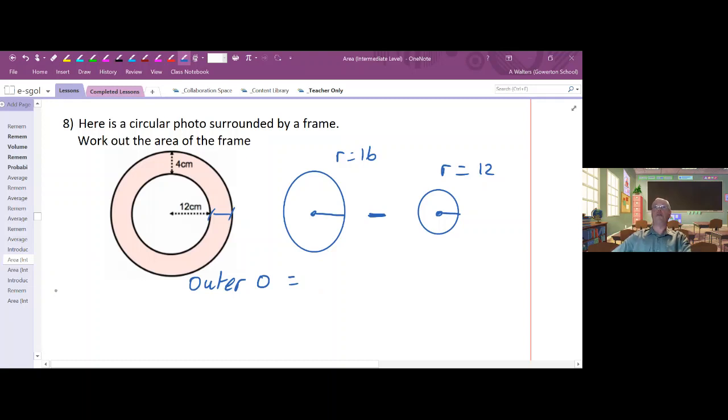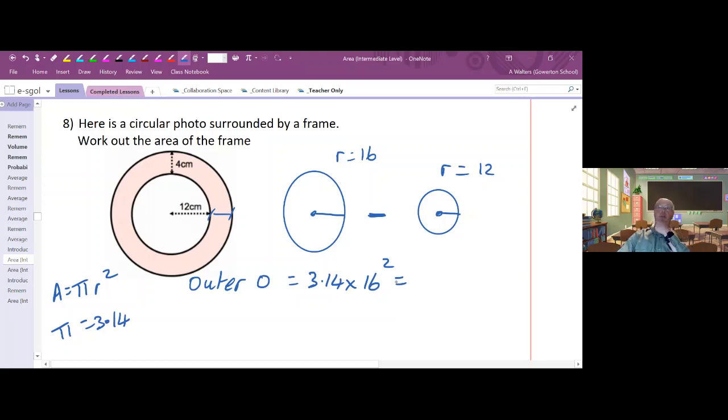So the formula is pi r squared. I've told you pi is 3.14 just for today, and if you were in a non-calculator exam, you would use 3.14 anyway. So the outer circle is pi r squared, so it's 3.14 times 16 squared.